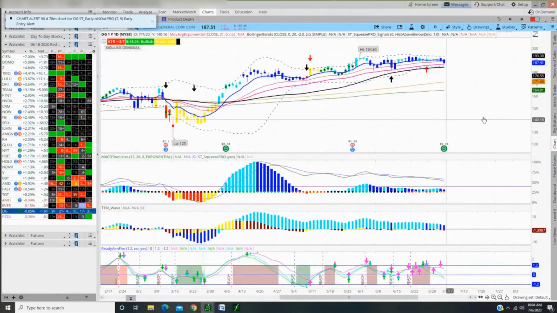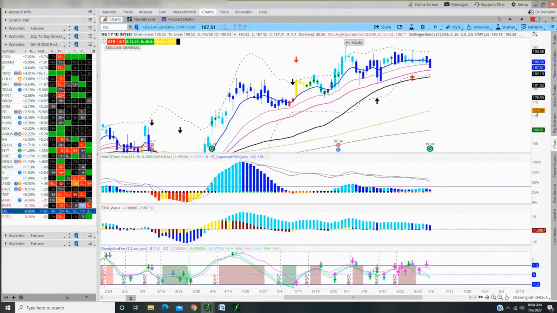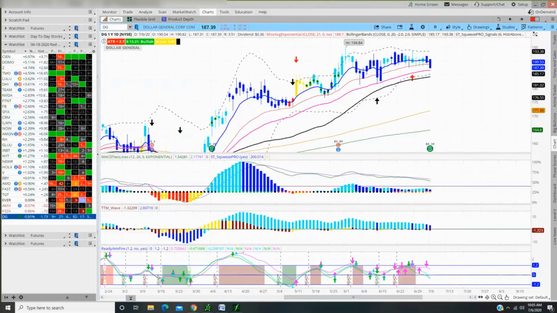Orange squeeze. Am I going to enter? No. Why? This is one of my favorite charts. DG is an absolute chart that I am going to be all over this week. Maybe. Why do I mean I'm going to be all over this chart, but then I have to throw in the word maybe? Okay. Absolutely beautiful setup. Orange dot squeeze.